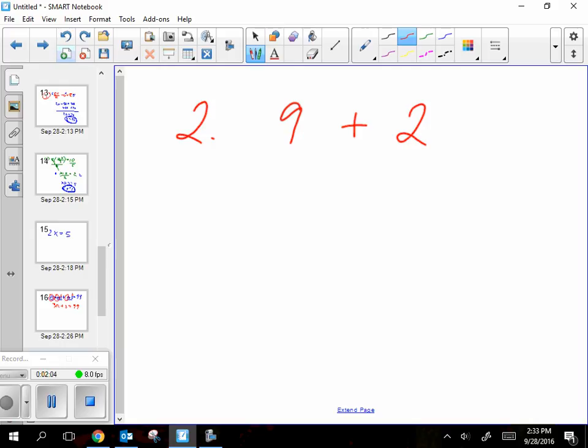9 cups of flour is 9. And what's a good variable for flour? F. Plus 2 cups of sugar. What's a good S for sugar? Even though S is the worst variable in the world because it looks like a 5. But for sugar, it's a logical variable. Okay?